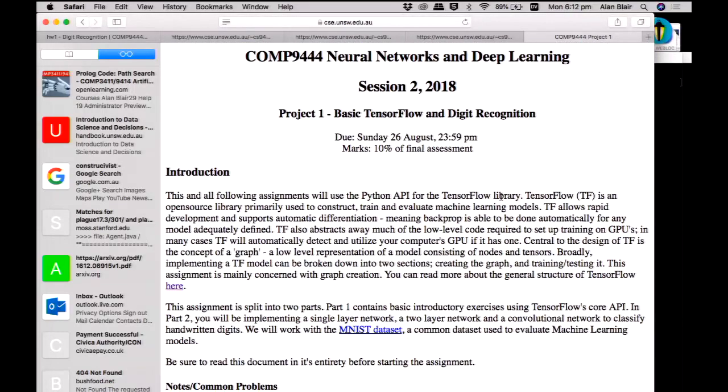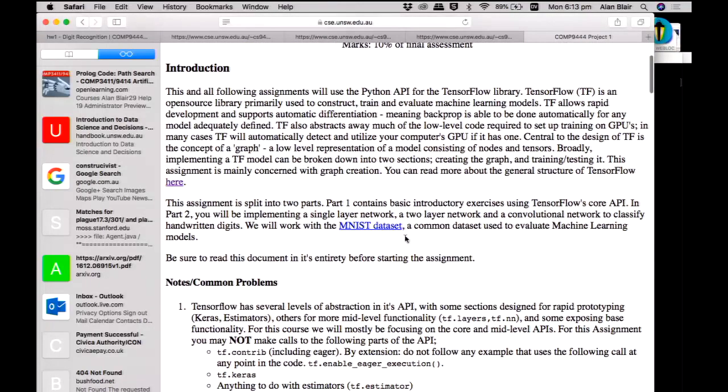We're not going to cover too much about TensorFlow in the lectures. I gave you a little bit of a demonstration last week, but we've got links here to help you along the way. As I mentioned, we're trying to get you to use as much as possible the core, more low-level aspects of TensorFlow rather than the high-level ones.